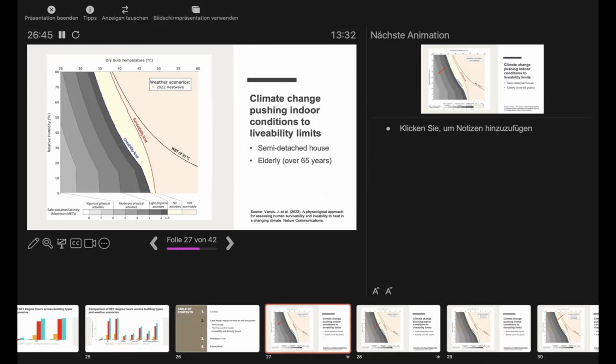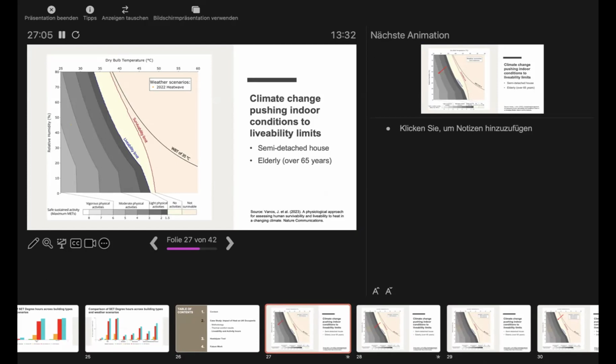Within the plot, for every combination of temperature and humidity, we show the level of activity an occupant, in this case an elderly person, could still do in these conditions. The lighter gray bars would indicate that an elderly person could still do moderate to vigorous physical activities.